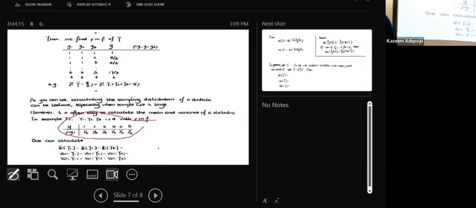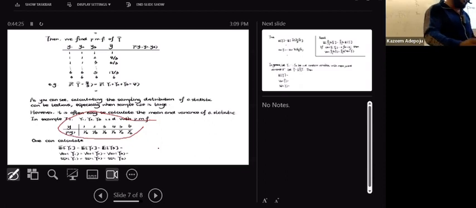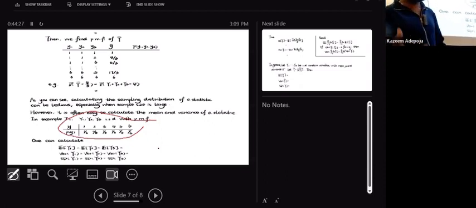Now, if I understand the expected value of y, and I understand the variance of y, can I also obtain the expected value of y bar? This is what I'm trying to say. If I understand the variance of y, can I also get the variance of y bar?